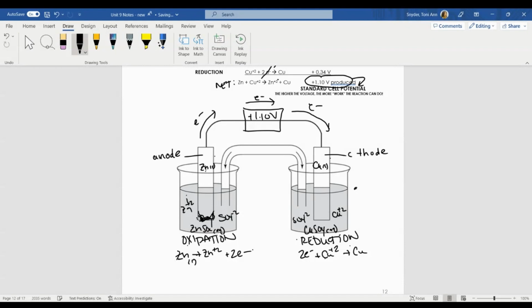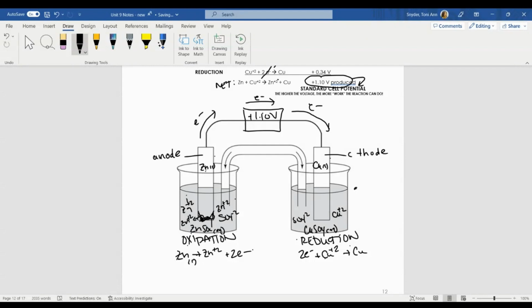And what's going to happen to this? All of that metallic zinc becomes zinc ions in the solution. So I'm going to produce more zinc ions as this reaction occurs, because that metallic zinc is going to form zinc that's dissolved in the solution, the electrolyte.